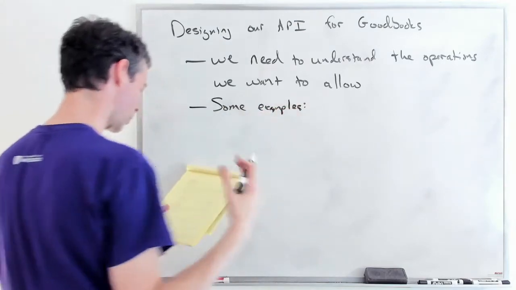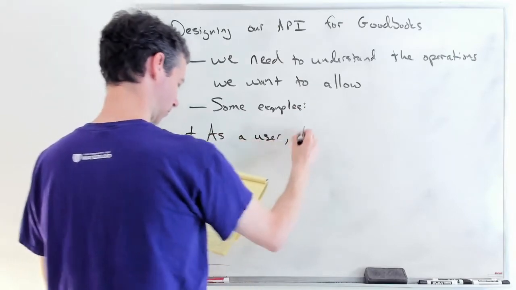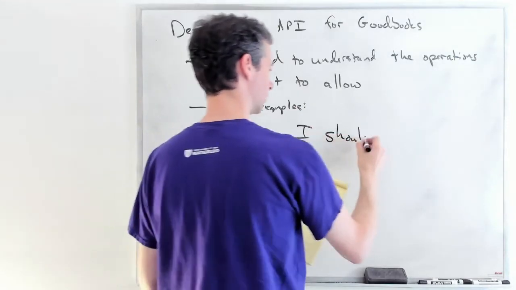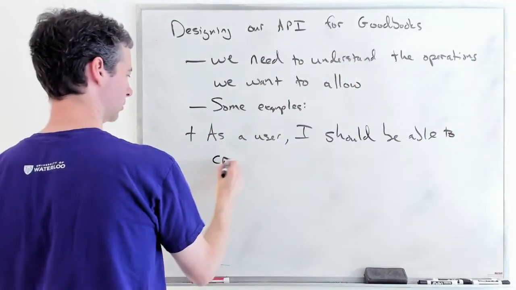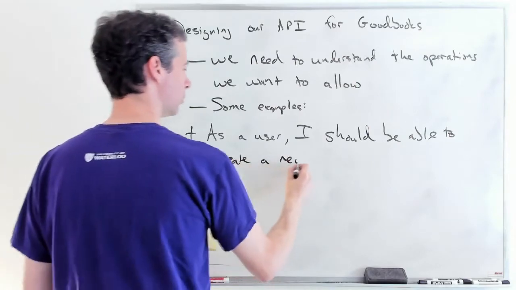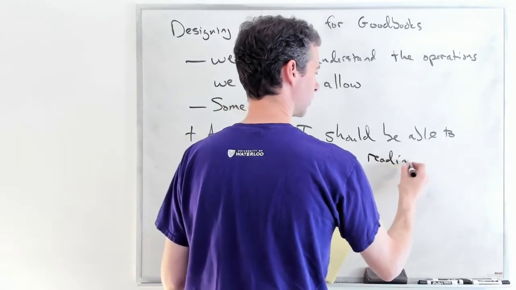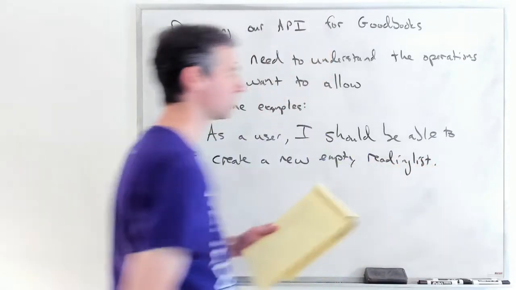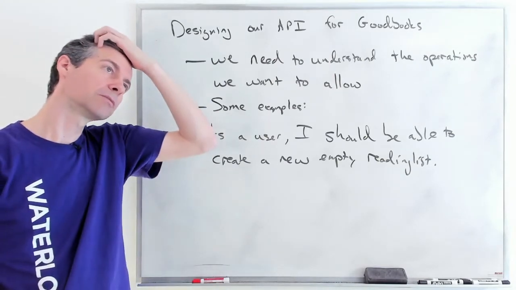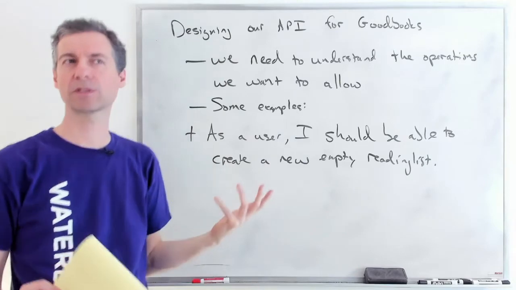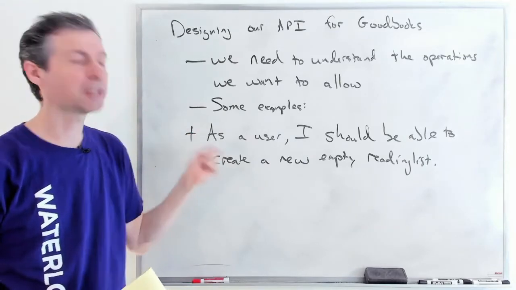So some examples of what we might want to be able to do is, as a user, I should be able to create a new empty reading list. Sounds good. And this sort of functionality, you go, okay, well, I don't even know necessarily how the mock-up is going to be, but make a reading list.